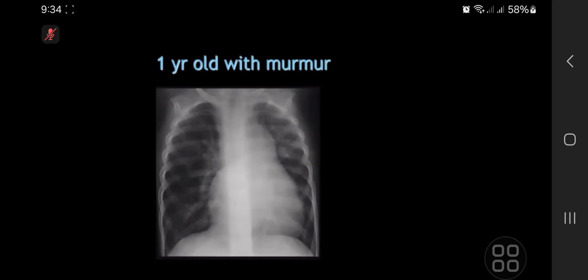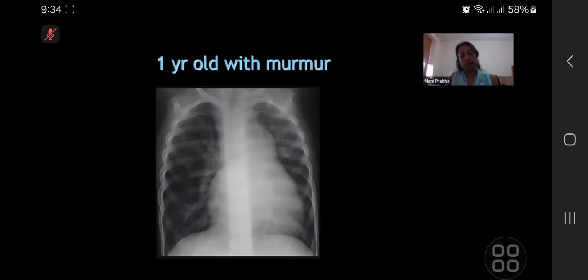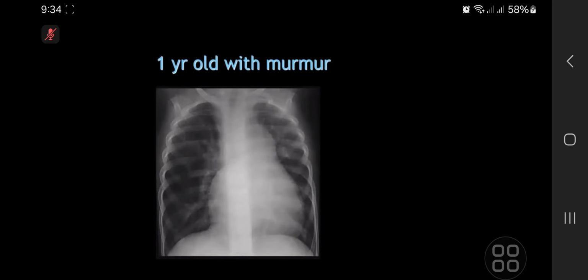I'm not sure if there's any particular predilection for right versus left. The spine, ribs, and sternum look unremarkable. So in summary, I think there is diffuse gross cardiomegaly affecting all chambers with an enlarged pulmonary artery and increased vascularity.